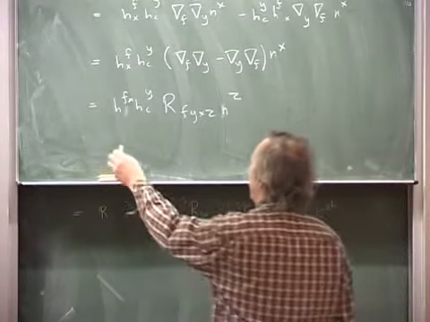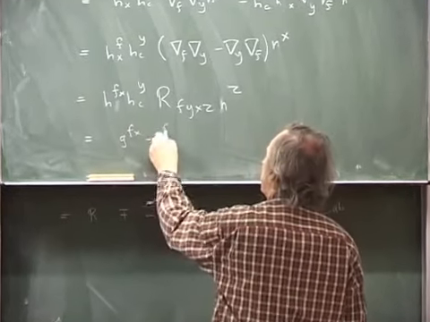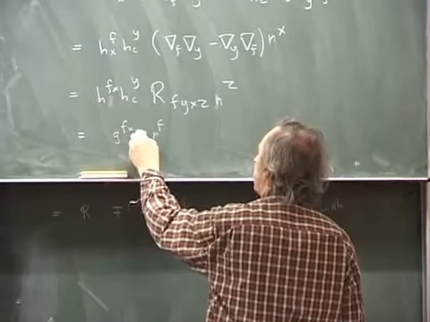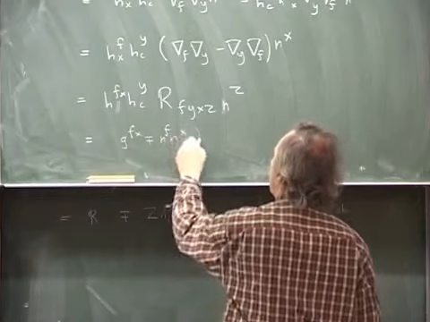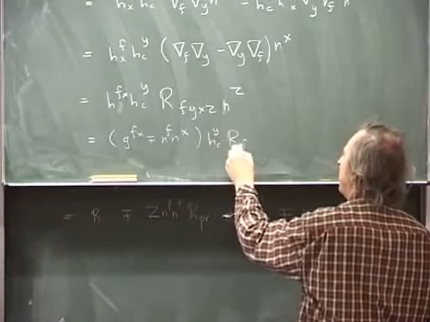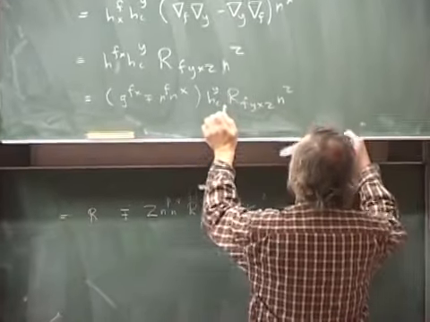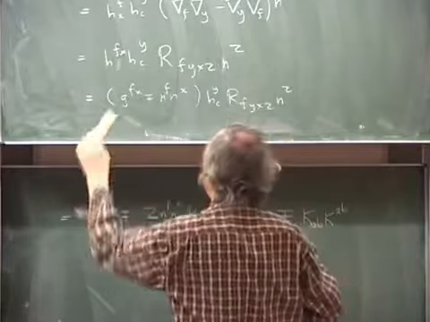Let's rewrite that as (g_{FX} minus or plus n_F n_X) h^{CY} R_{FYXZ} n^{Z}. Yes, that's what I wanted.